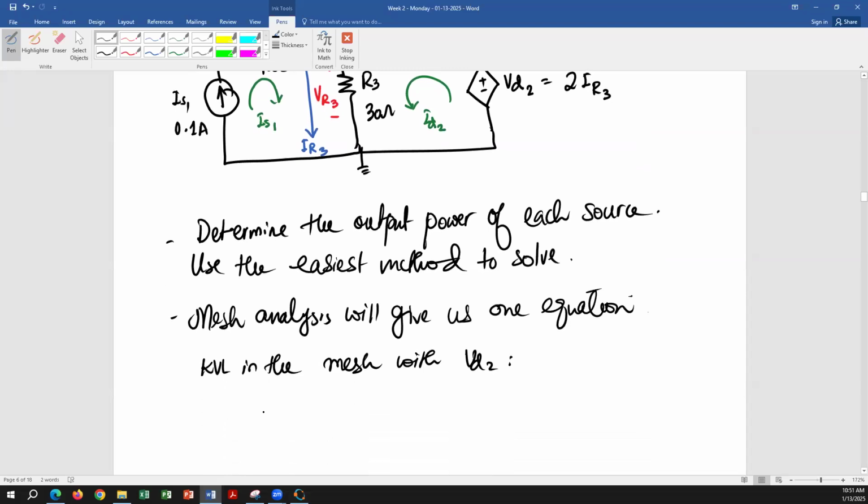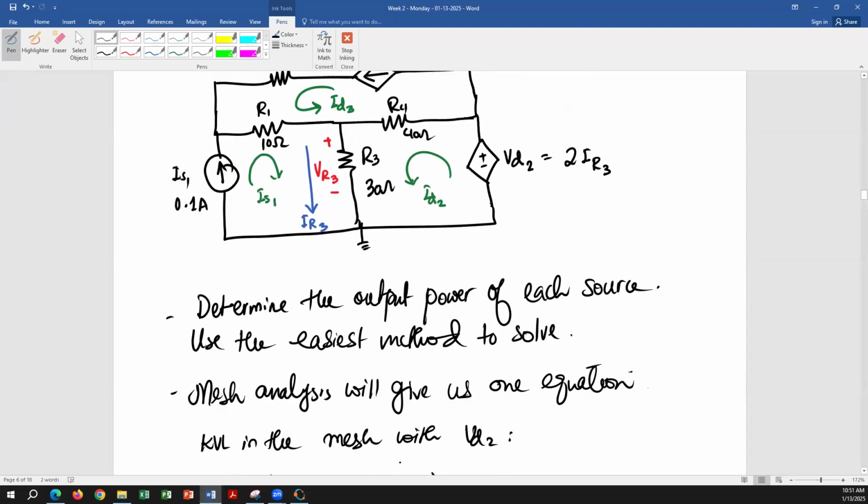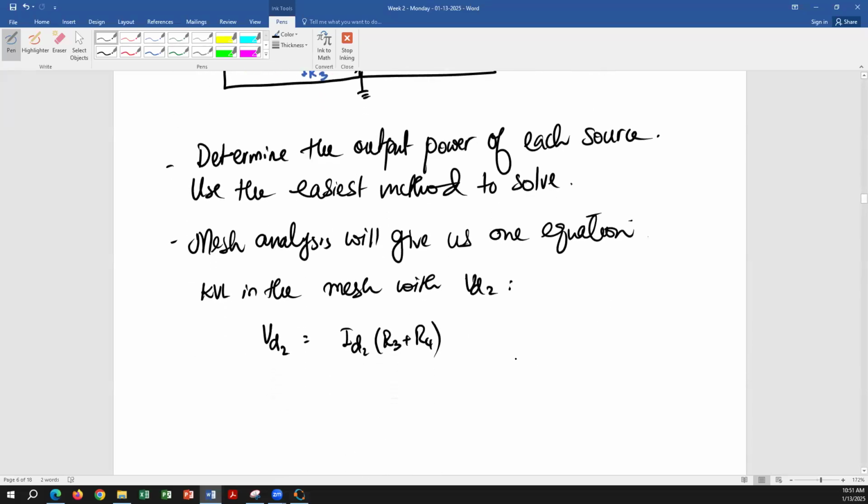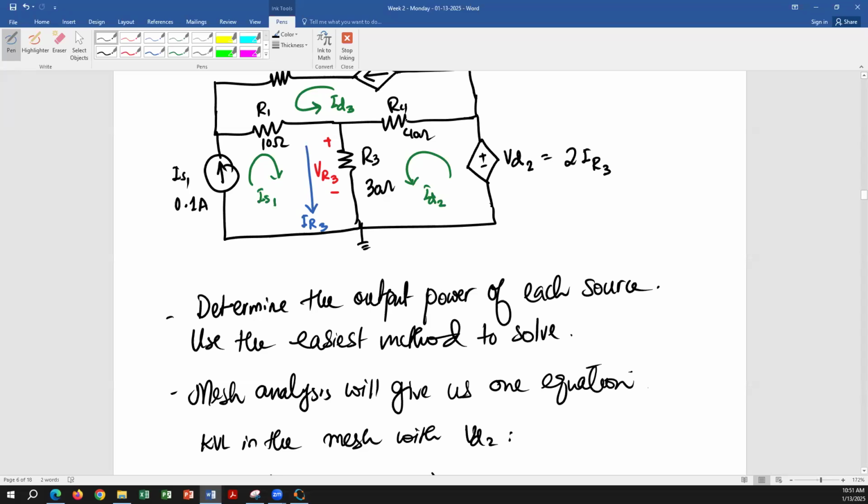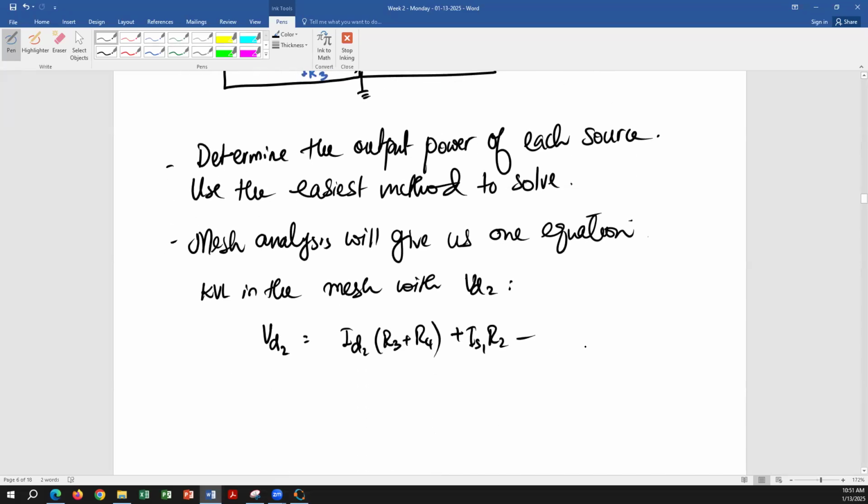So the mesh equation is going to be the voltage source VD2 equals ID2 times R3 plus R4, plus IS1 R3, minus ID3 R4 because it's opposite to ID2.